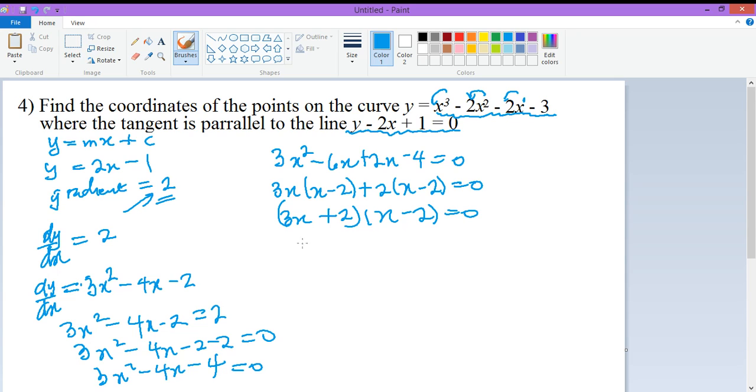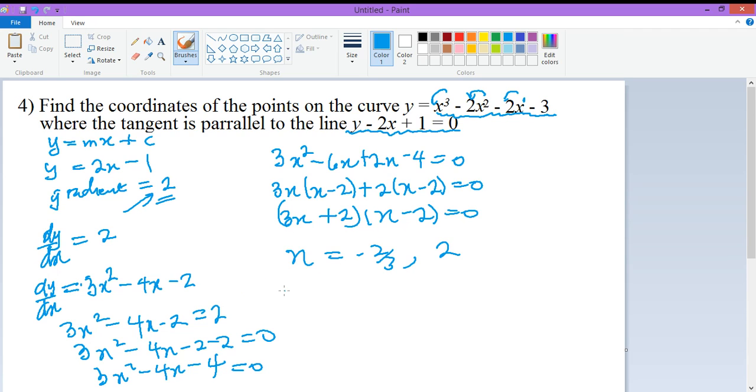That means the values of x are x is equal to minus 2 over 3, comma, positive 2. Good. So we must find the coordinates. We are going to substitute in these two values to find their corresponding y coordinate.